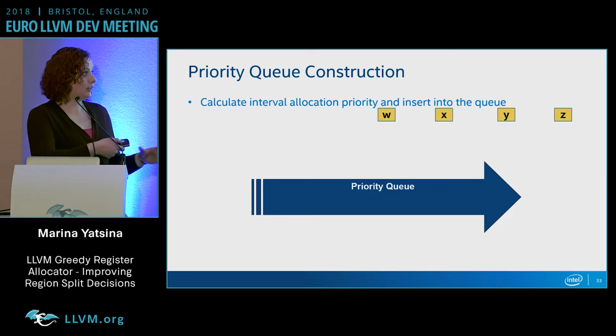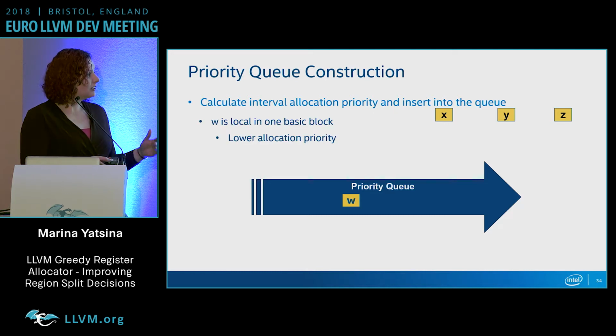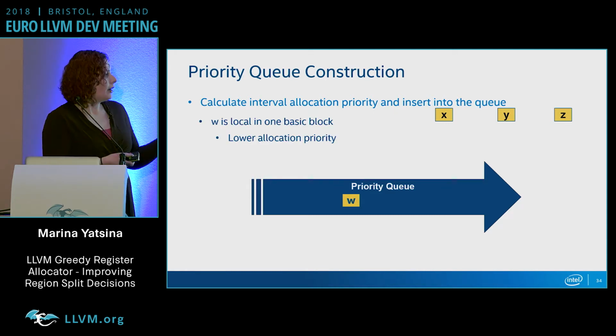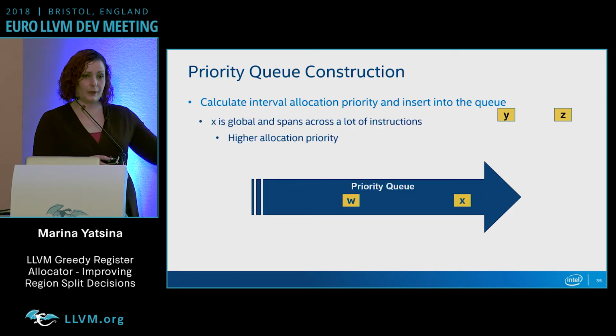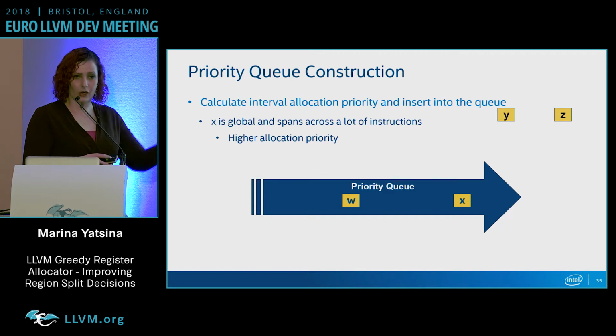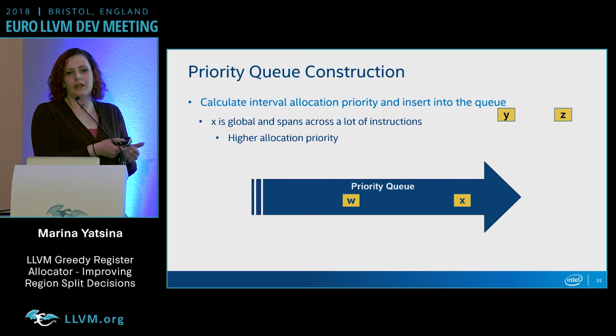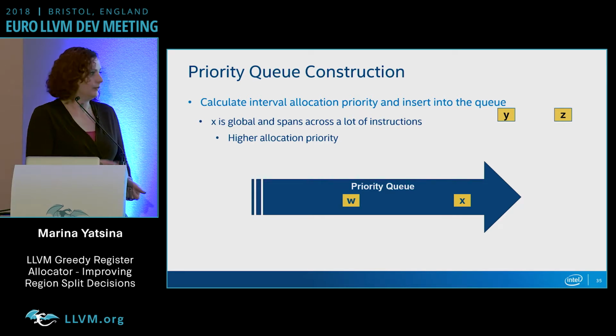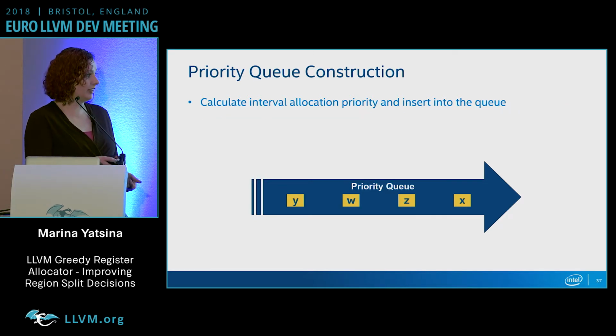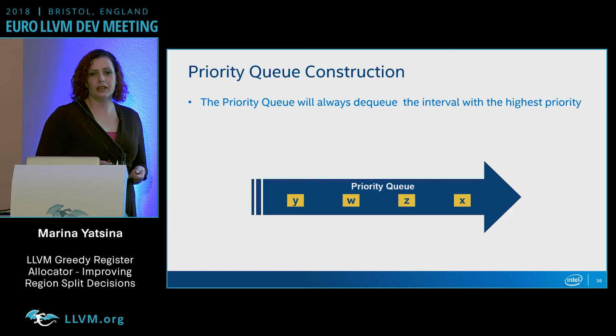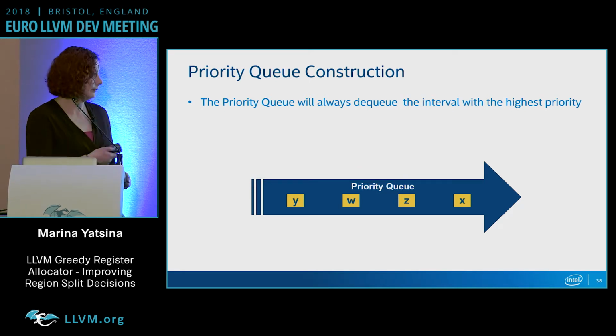So now we're going to determine the allocation order, and it's mostly based on whether X, for example, is local to a basic block, in which case it's going to have a lower allocation priority. If it's global and spans across a lot of instructions, like we saw X did, it will have higher allocation priority, and it will determine which one of them we are going to try to allocate first. We do this for all the intervals, and every time we dequeue from the queue, it's going to be the interval with the highest priority.